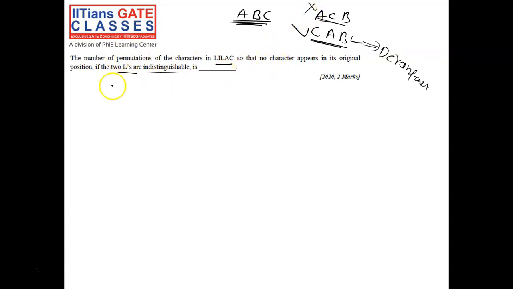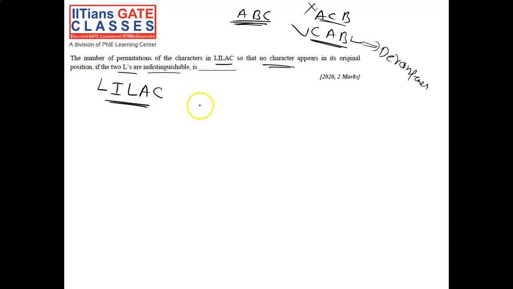Now he is asking the number of derangements of LILAC. This is the word he has given, and he is asking for the number of derangements such that no character appears in its original position. And remember, both L are identical.